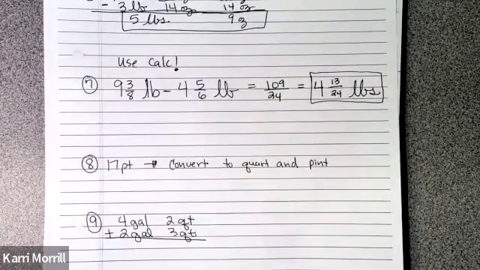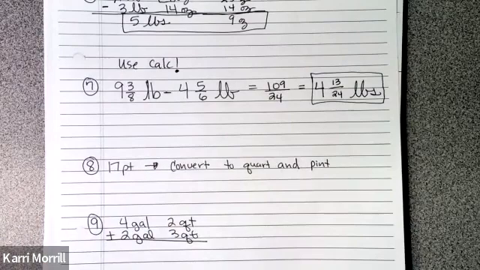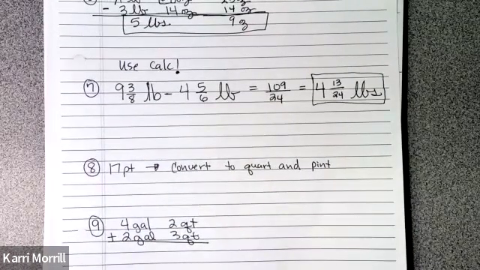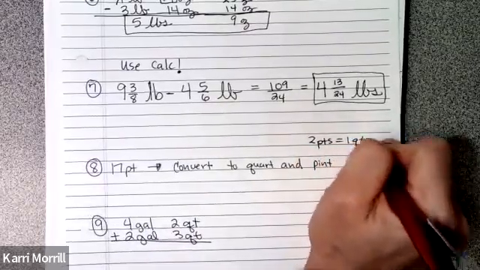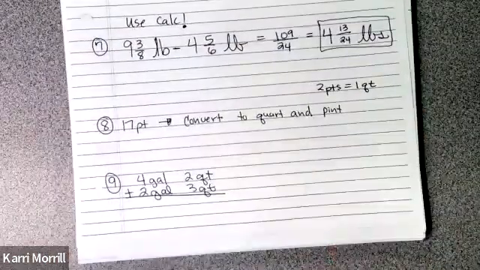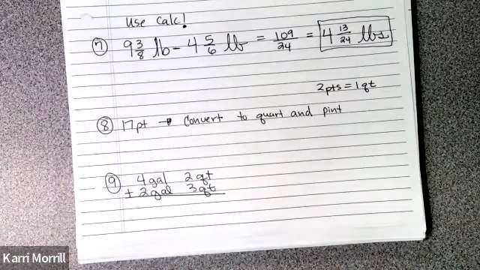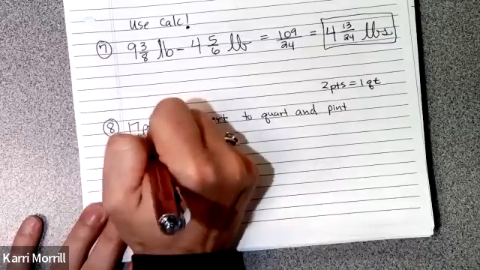Okay, so now we're doing some pints and quarts and stuff like that and gallons. Do you remember how many pints are in a quart? 2 pints equal 1 quart. So that comes from that formula sheet, so definitely take a look at that if you forget. So what are we dividing by then?